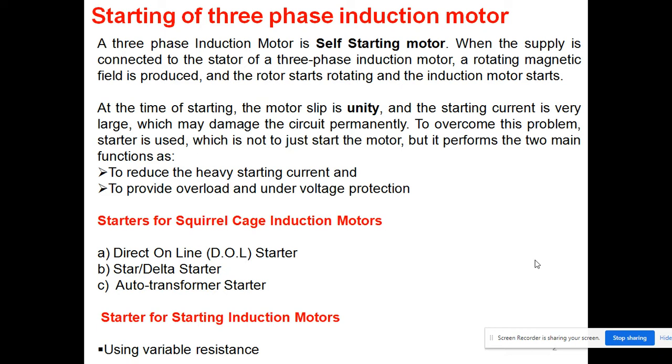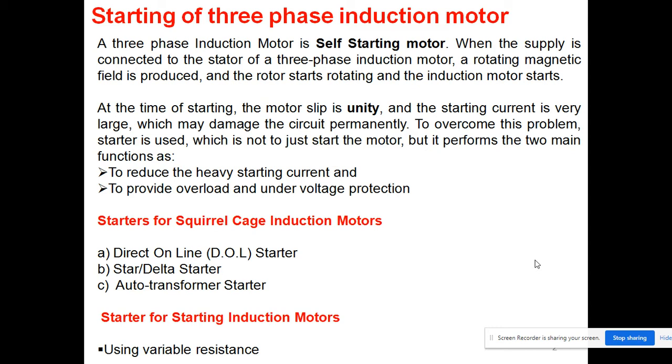As we know, we have two types of induction motor. One is the squirrel cage induction motor, and the other is the slip ring motor or phase wound motor. For a squirrel cage induction motor, we have three types of methods.